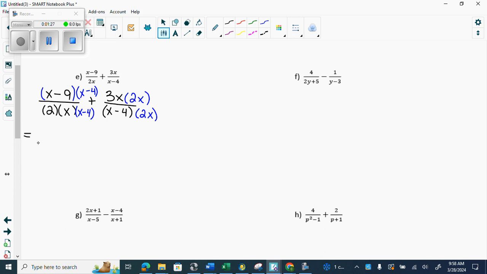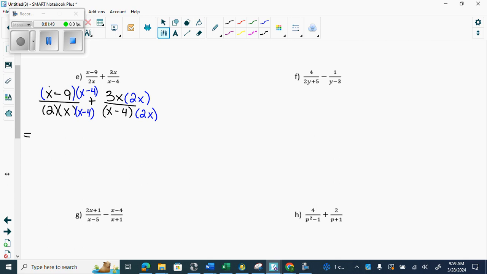So now I actually have to do some distribution because I have multiplication. On the left-hand numerator, so on the left-hand top, I have a binomial and a binomial, a human times a human. So I have to FOIL, right? First, outer, inner, last. Or what you need to do is just mainly multiply everything in one term by everything in the other. FOIL is just a nice acronym to remember what to do.